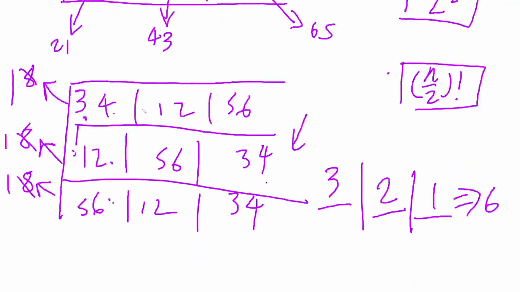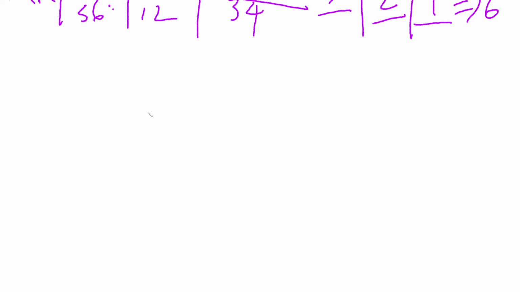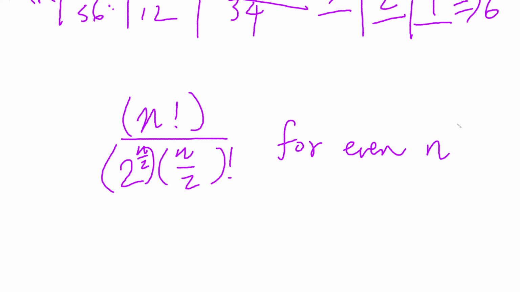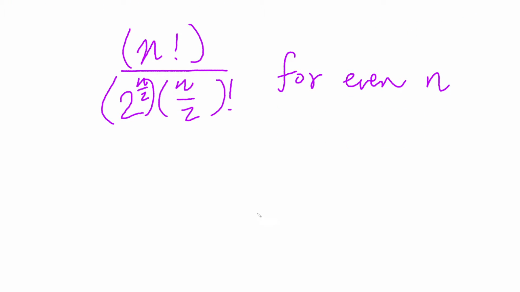So we've established that for even n, the number of possible fanship configurations is n factorial over 2 to the n over 2 times n over 2 factorial. And how do we extend this to odd n? Well, suppose there's 7 people in BTS, for instance.